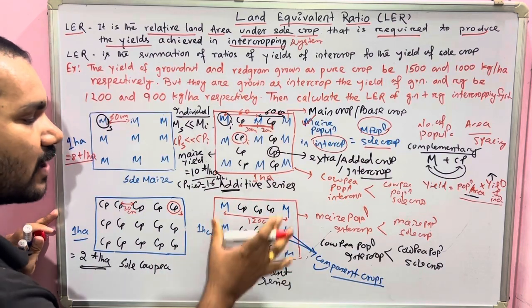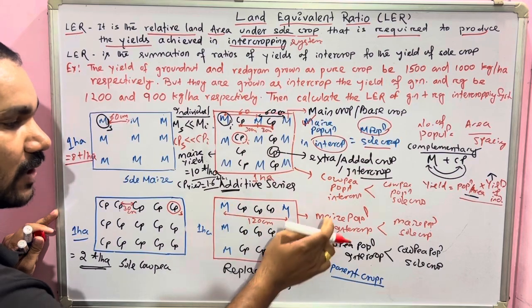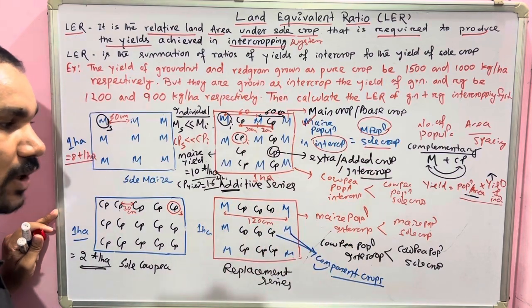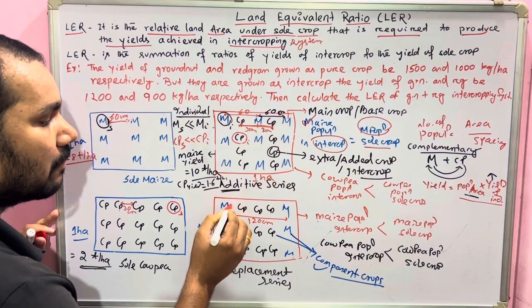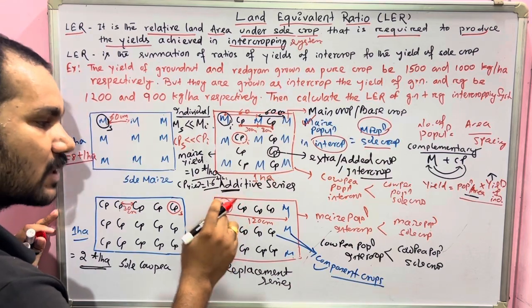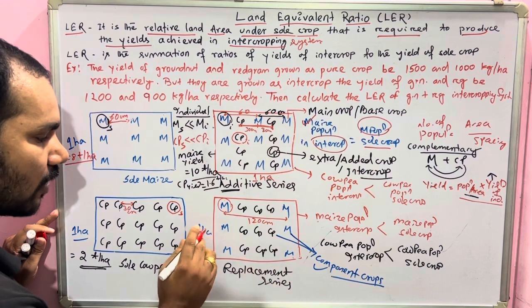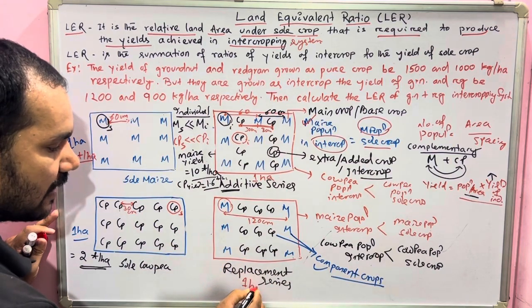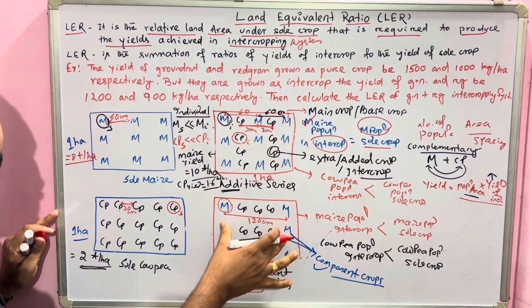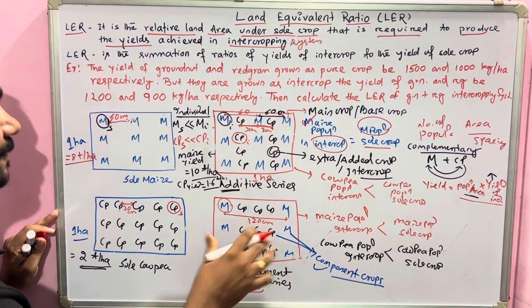Sir, in the replacement series the maize population will be smaller. The individual maize yield will be more, but as the population is less, from this 1 hectare of land I am getting less maize yield.